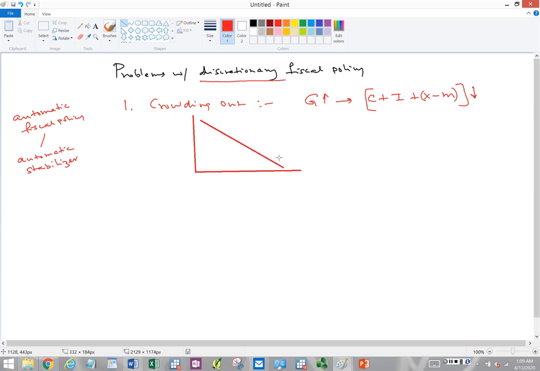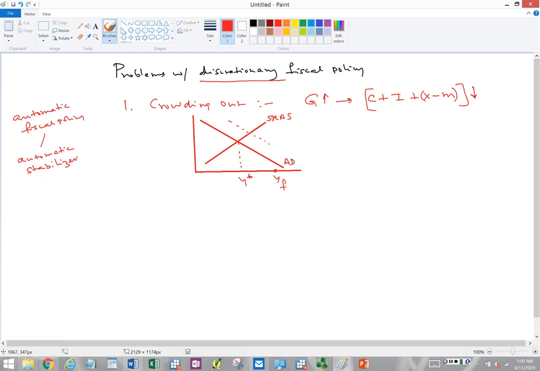So once again, let's draw that diagram. This is Y star less than YF. So the purpose of fiscal policy was to shift the aggregate demand curve to the right like this by, let's say, increasing government spending as part of expansionary fiscal policy.